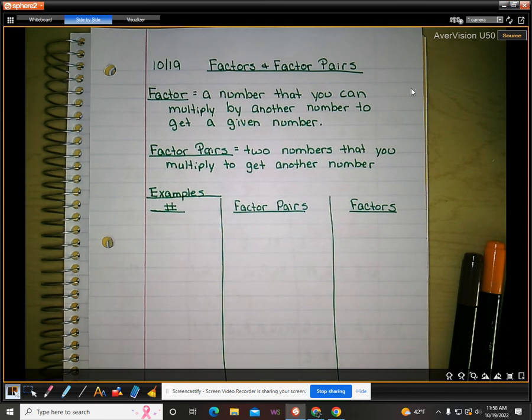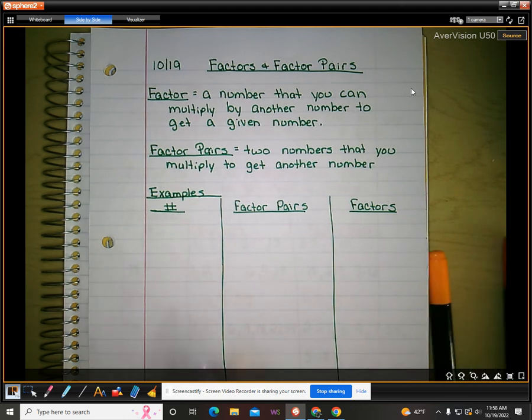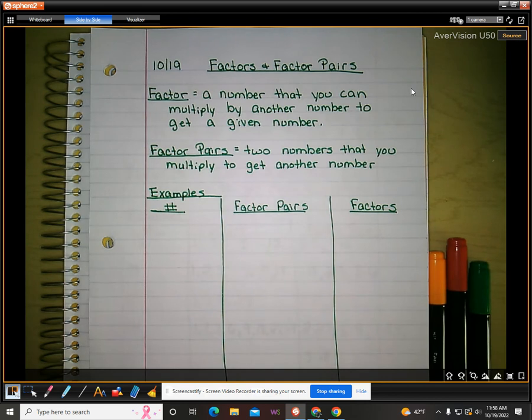Okay, so we're going to look at some examples of factors and factor pairs. All right, so if I want to look at the number 15. Oh, hold on.